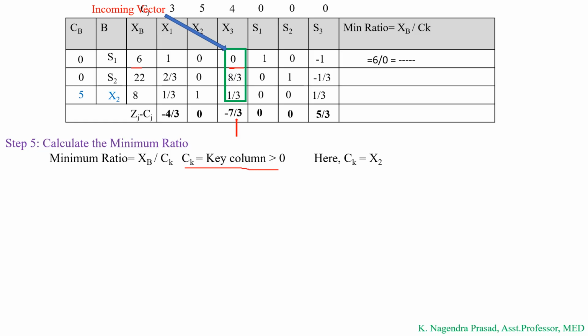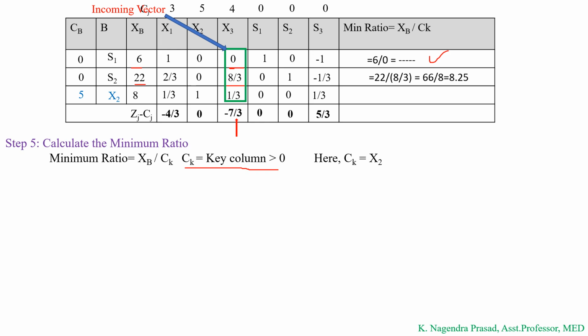Then for the first row, or S1 row, we are not considering the xb by ck value. So next we determine the xb by ck value for the second row, that is the S2 row. For the S2 row, xb value is 22 and ck value is 8 by 3.